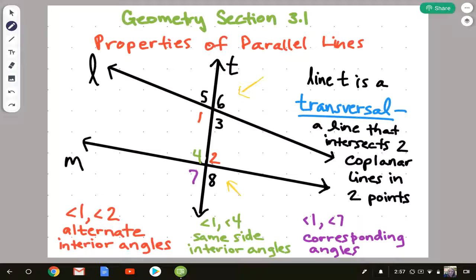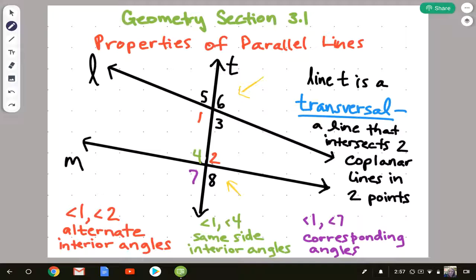So the angles that I have in red, angles number 1 and 2, are called alternate interior angles. So when these angles are named, they're named for their position with the transversal and the line it's intersecting, like where it is in relation to those lines. So angle 1 is on one side of the transversal, angle 2 is on the other side of the transversal.